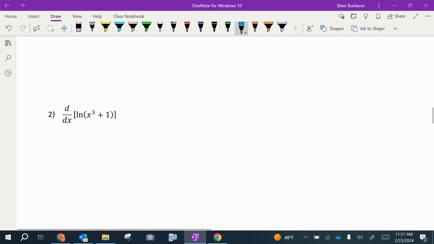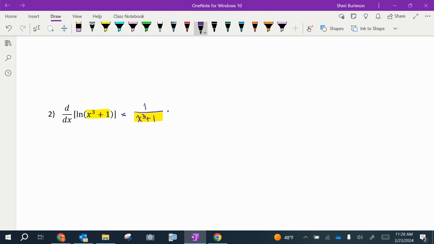So if you think you understand this after one example, go ahead and pause the video for a minute and try to take the derivative of the natural log of the quantity x cubed plus 1. So when I go to take the derivative here, the derivative of the natural log is going to be 1 over whatever was inside the natural log. So I'm going to have 1 over x cubed plus 1.